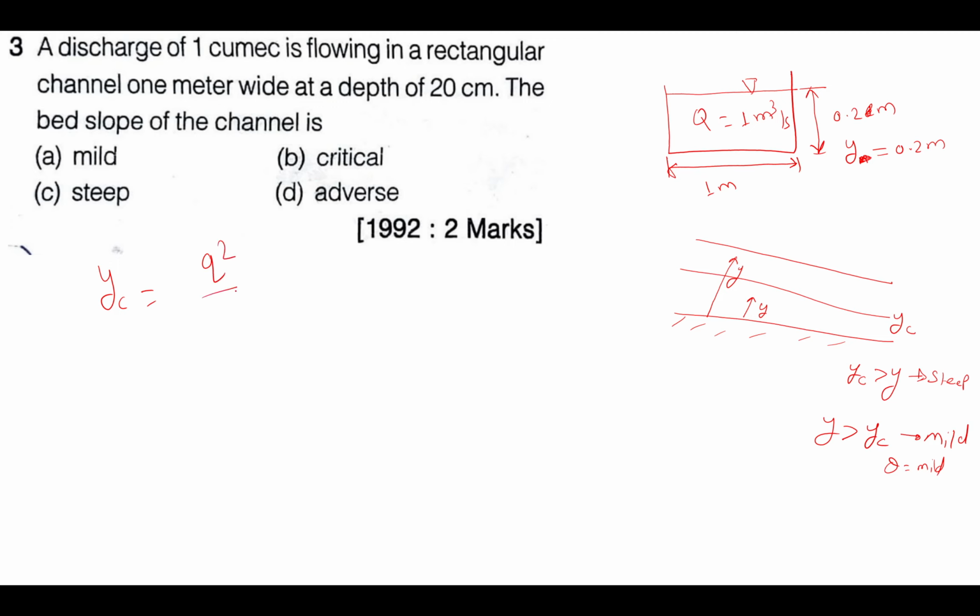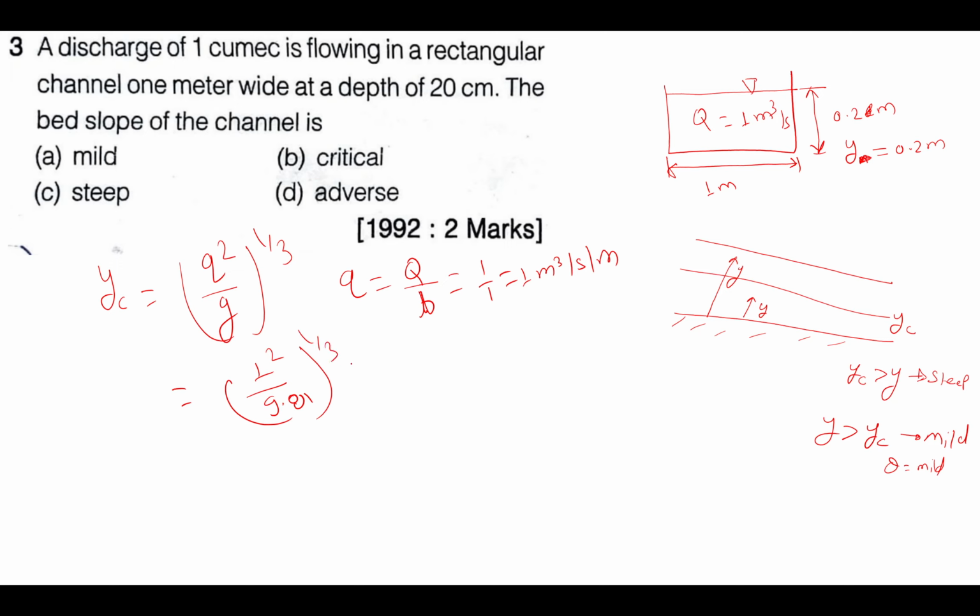You know already yc is (q squared by g) power 1 by 3. So q is discharge by width, width is given 1, so 1 meter cube per second per meter. Here you need to put the value: (1 squared by 9.81) power 1 by 3. Your yc is equal to 0.467 meter.